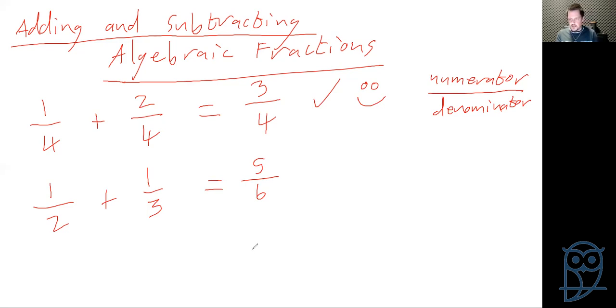So you can enter this on the calculator or you can do it by hand, but the idea of doing it by hand is the one that I'm looking for at the moment. All right, so this comes out at 5/6.